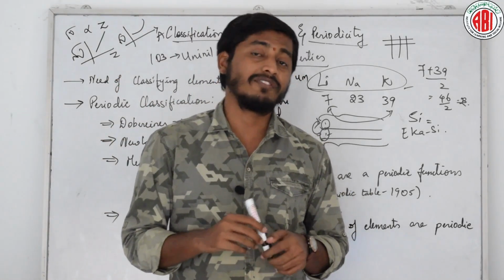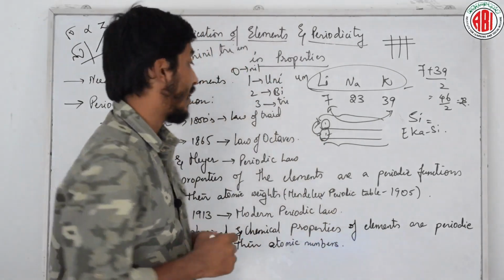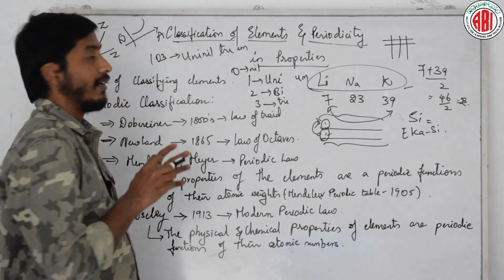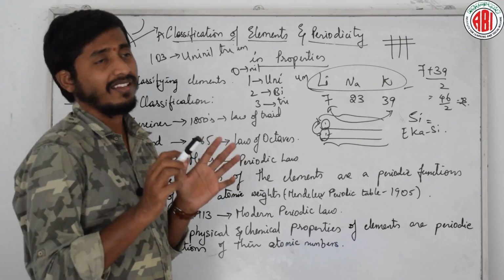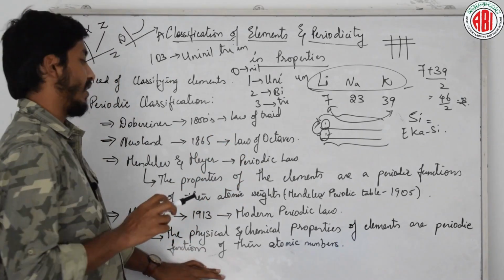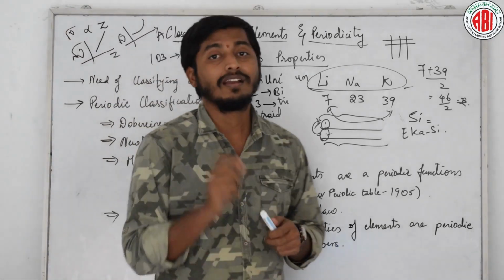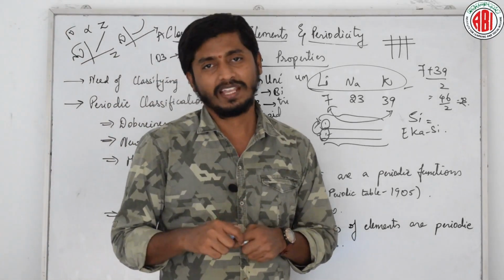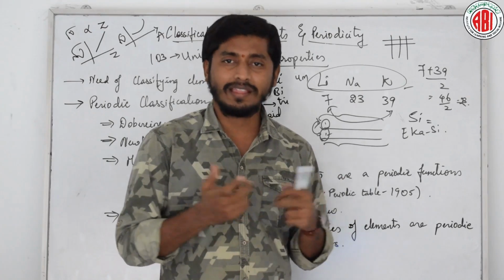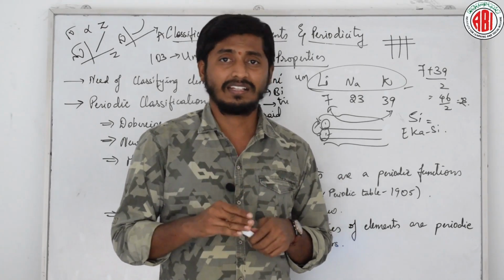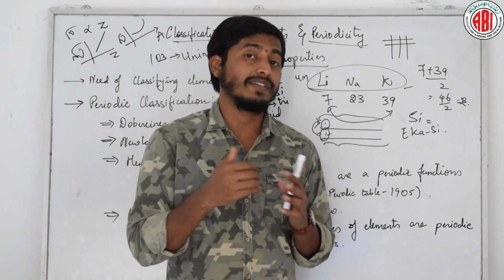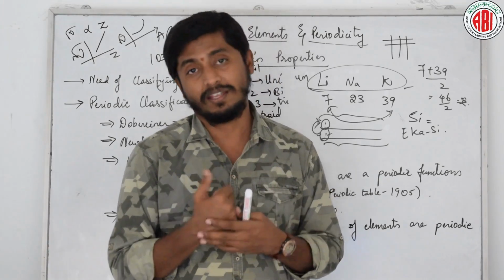In the next session, we will start our discussion with the construction or brief structure explanation of Moseley's periodic table, that is the modern periodic table, which depends on atomic number. What are the different blocks in it? How are the elements arranged? And what are the different physical and chemical properties which vary?